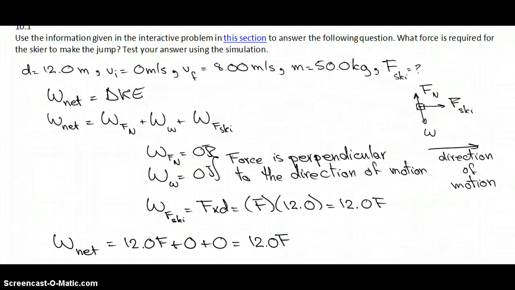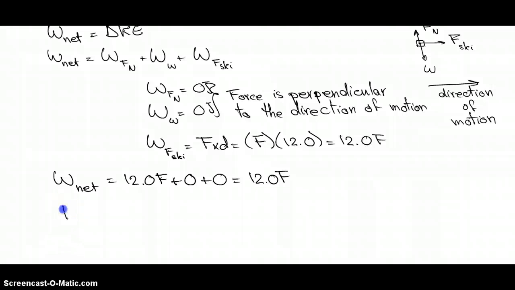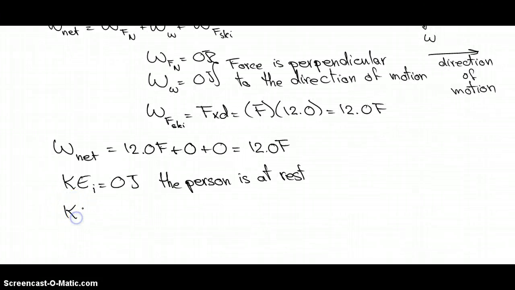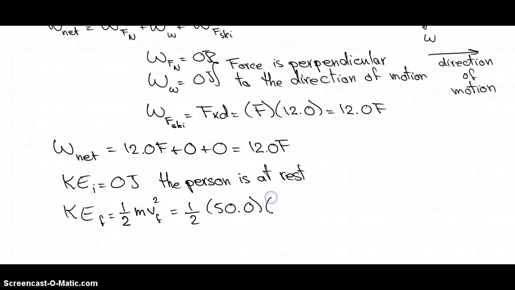Now let's take a look at the second part of the equation, delta KE. So KE initial is 0 joules because the person is at rest. The final kinetic energy, we can find from the formula half mv squared, with the final v. So half, the mass is 50, and the velocity is 8.